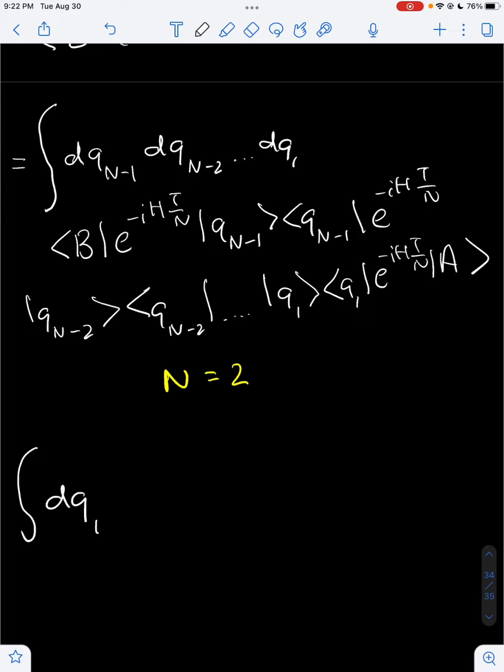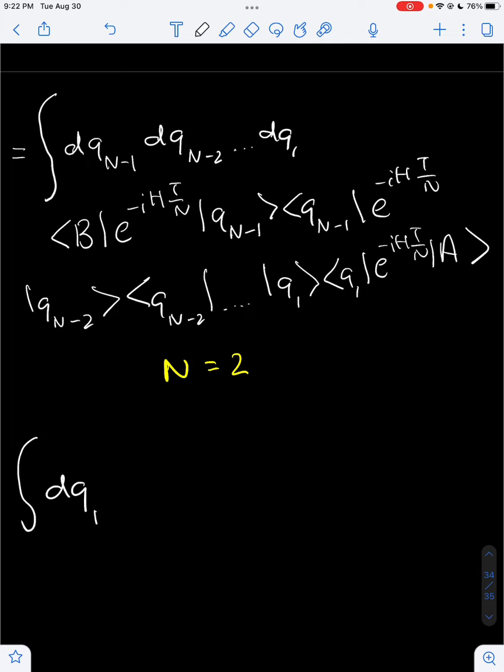And then we're done. If we had n equals 3, we'd have dq2 times dq1. If we had n equals 4, we would have dq3, dq2, then dq1. Basically, we want to descend up to dq1. But for n equals 2, we already start at dq1, so we're done.